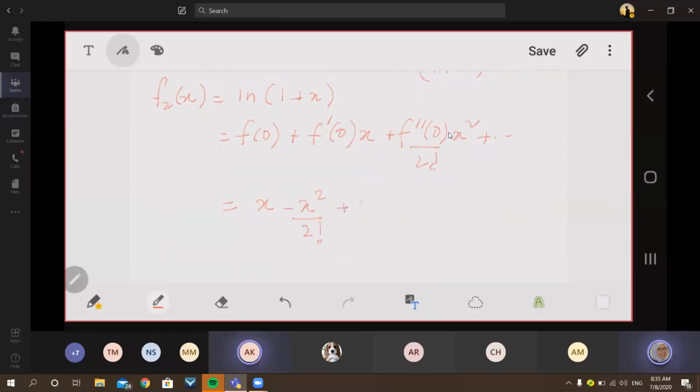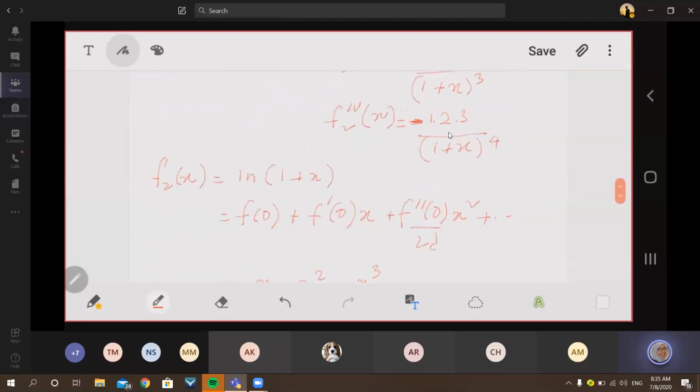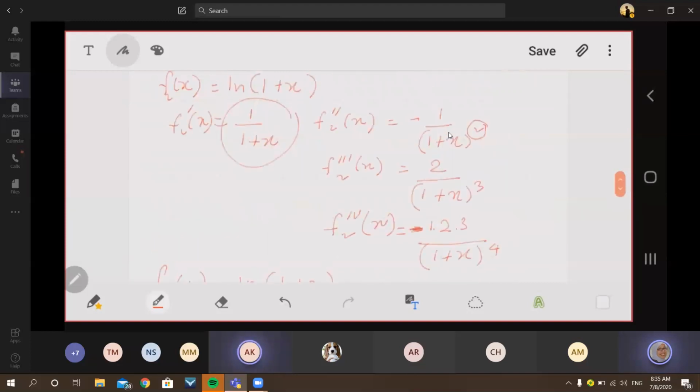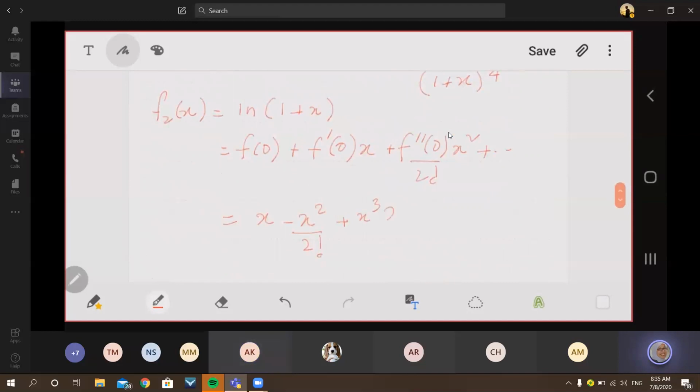Then plus x cubed, but remember just now you have 2, right? So what do you get? So 2 on 3 factorial.